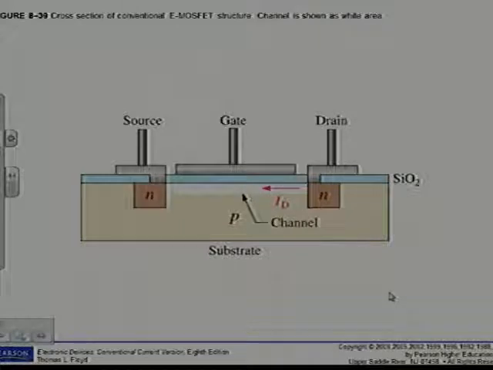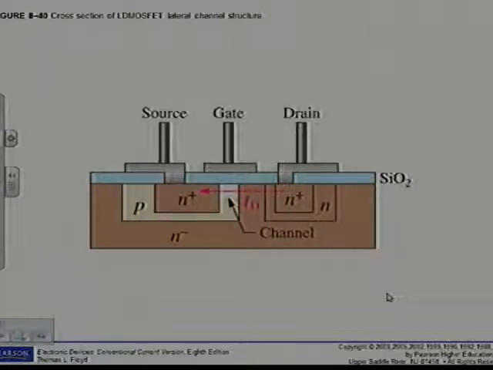They just give us the basic construction of these. The first one is the E-MOSFET structure shown there. Then we go to the LD MOSFET, the lateral channel structure. That's basically the construction of these MOSFETs.